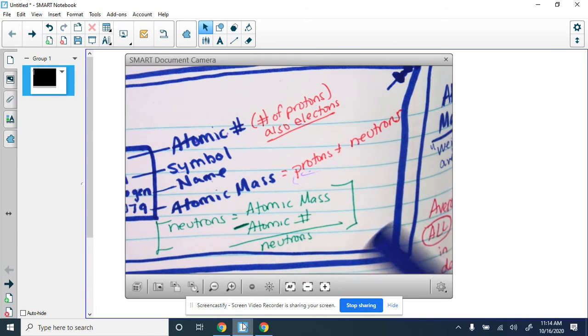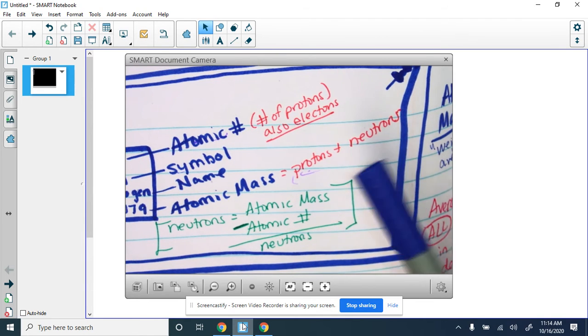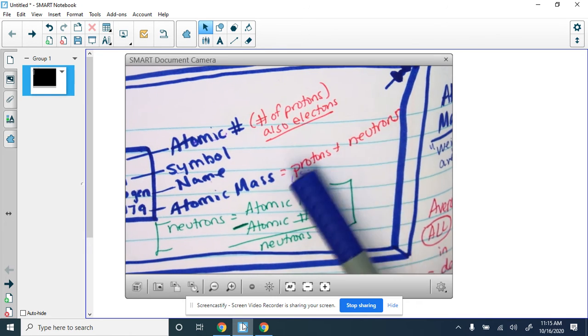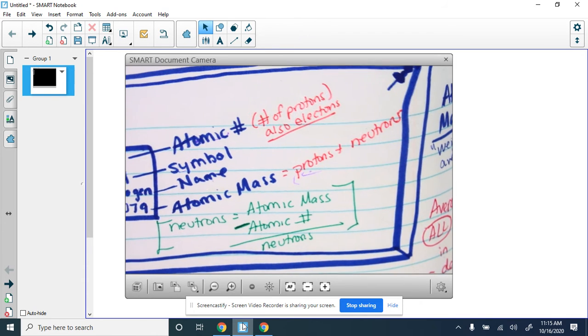It's kind of like if you step on a scale and find your weight, and then you step off and you pull off a piece of hair. The hair would represent your electrons. You get back on the scale, your weight hasn't changed. So it doesn't really matter how many electrons there are, because the mass won't change. The protons and neutrons are what would affect the mass.